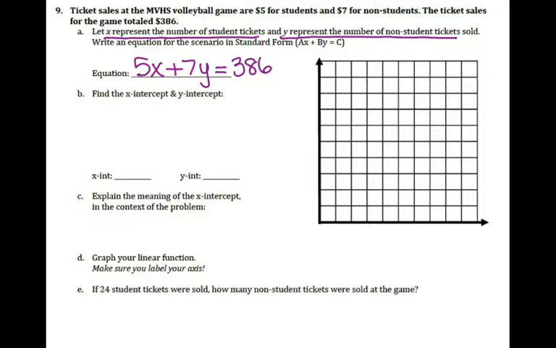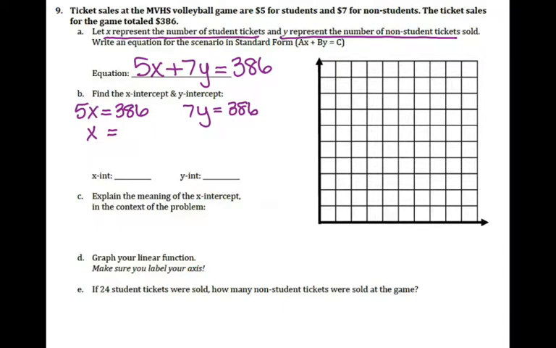In order to graph these, you always need to find the x and y intercepts. So I'm going to plug in 0 for x for my y-intercept, and plug in 0 for y for my x-intercept. That's going to leave you with these 2 equations: 5x equals 386, and 7y equals 386. Divide both sides by 5.